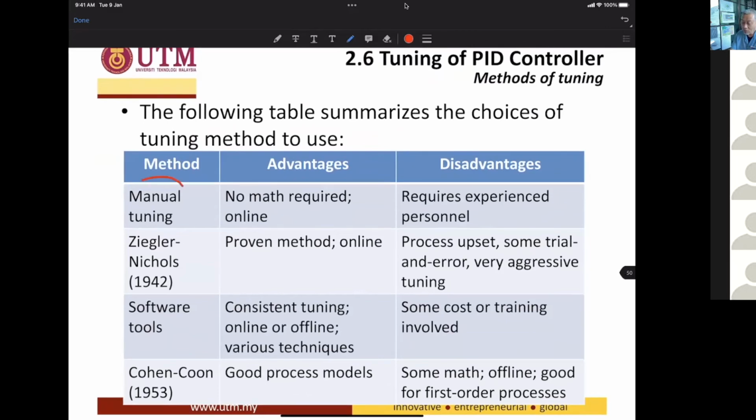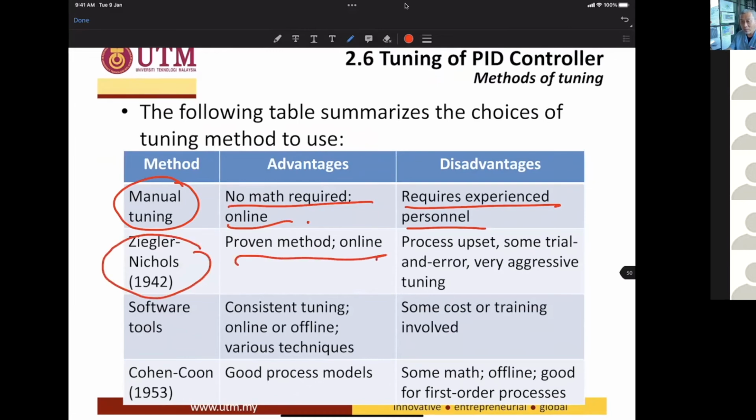First is manual tuning. This one is usually for the old timer, the experienced persons who can do the manual tuning, no math required. It is the old school style. The second one is the Ziegler-Nichols method. This one is a proven online method, which is aggressive tuning.